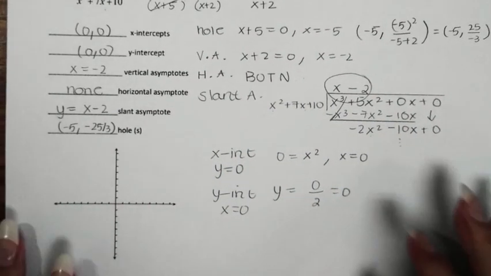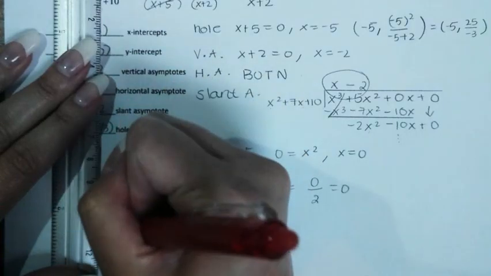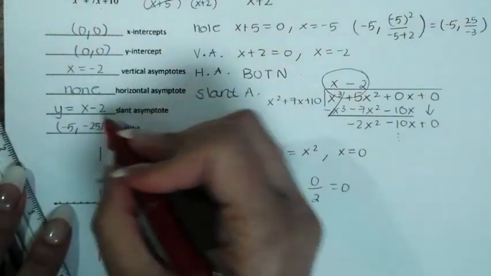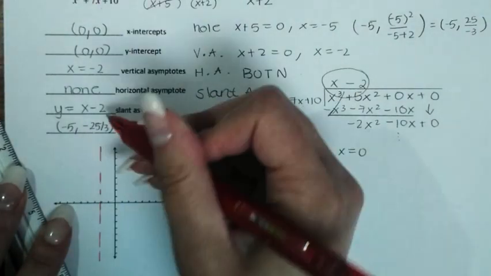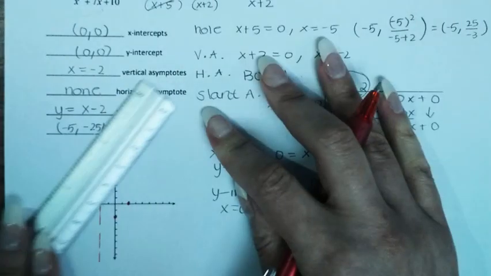Okay, so now let's graph our information again. So I start with my vertical. I only have one vertical asymptote, so I have this, and then my horizontal one I don't have, but I do have a slant. The slant is going to be 0, -2 on this one. Okay, so you have your diagonal there.